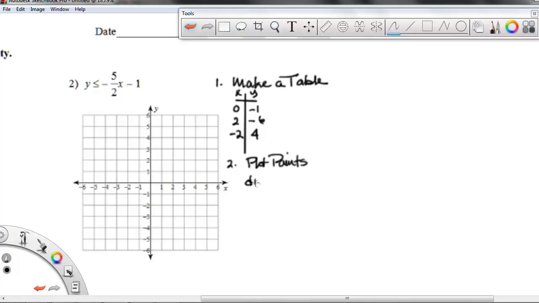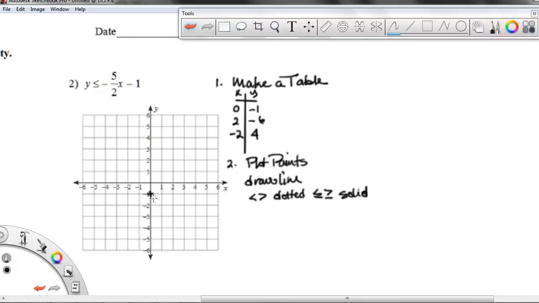Now remember, when we draw our line, if it's less than or greater than, it's open, so that means it's going to be dotted. If it's less than or equal to, greater than or equal to, it will be a solid line, meaning that the points are closed along the boundary.